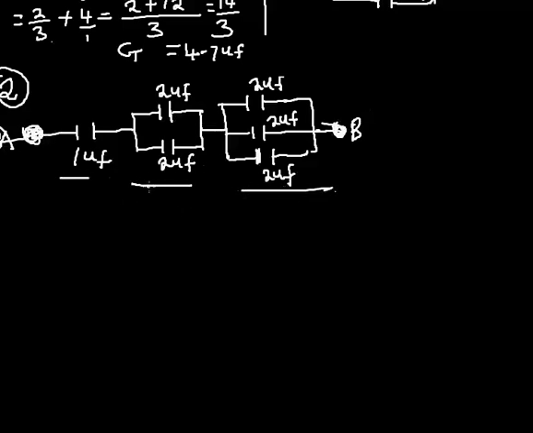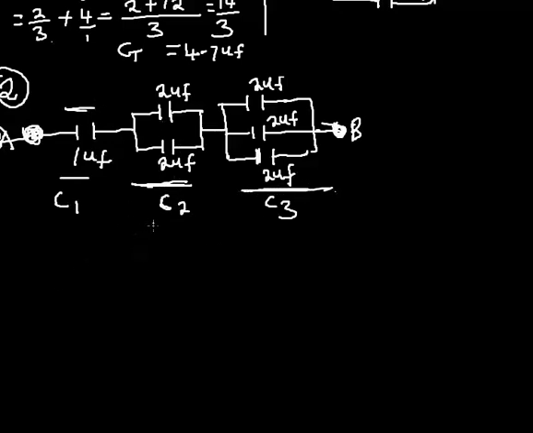Let me call these C1, C2, and C3. The whole of each parallel group is in parallel, and this is a single capacitor. All of it is connected in series: this single capacitor plus this parallel connection plus this parallel connection.